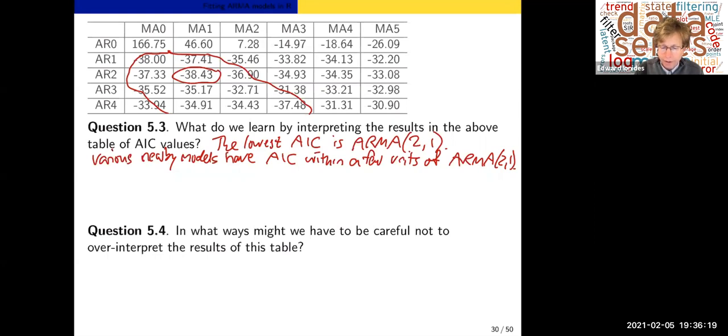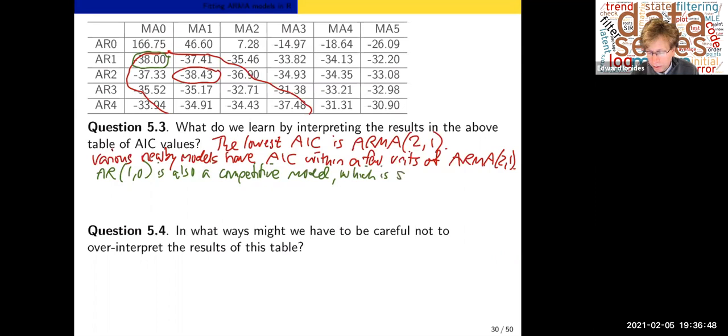Just looking at this, what looks like the second best model, perhaps it's this. So let's say that's AR(1), ARMA(1,0). It is also a competitive model, which is simpler.